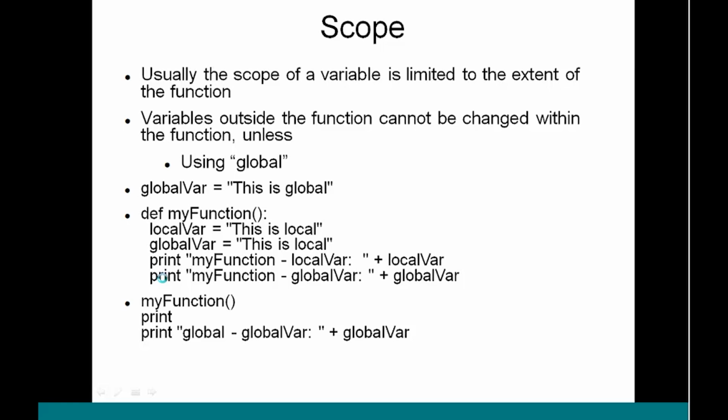And once you leave the scope of the function, that particular variable is gone, and it uses the global variable once again. So if you try to change anything within the function and then try to print outside, you will not see any changes. It will just be the same as before. So here is one quick example.